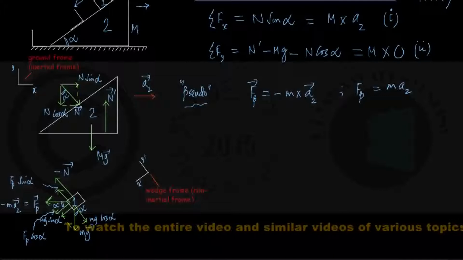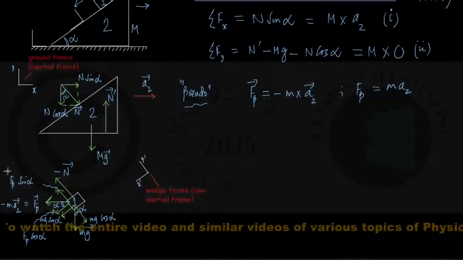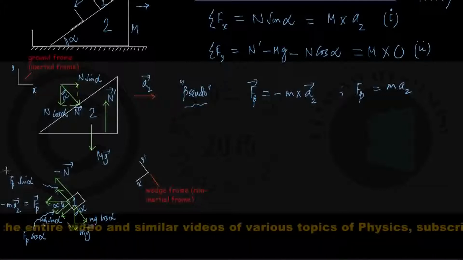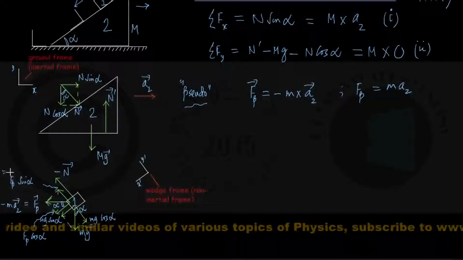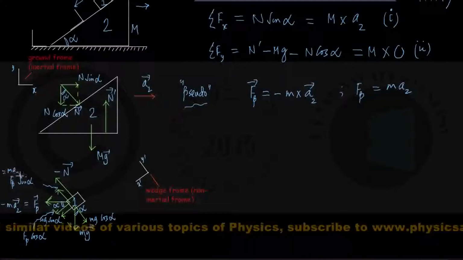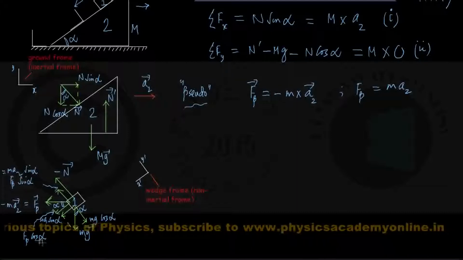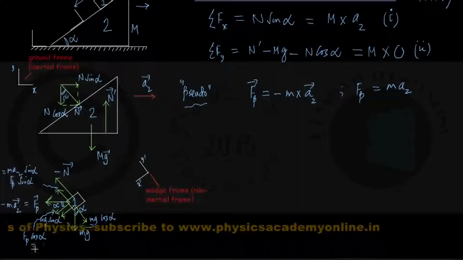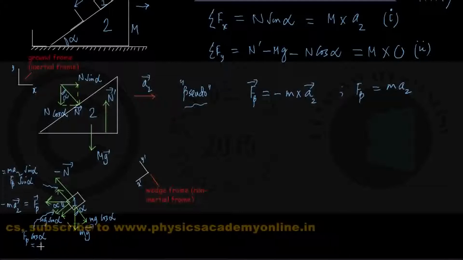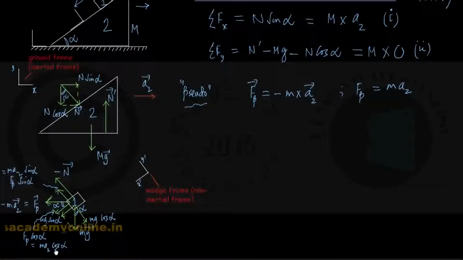So I could write down, and I'm sure you understand it fully, that Fp sine alpha actually is nothing but m a2 sine alpha in magnitude, right? Similarly, Fp cos alpha in magnitude is equal to simply m a2 cos alpha. Here I emphasize this again and again because students have some wrong conception.